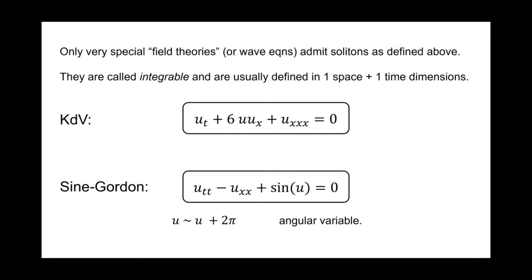These are called integrable field theories or integrable wave equations, and are usually defined in one space and one time dimensions. So in this course, we'll study mainly two examples, one of which is the KdV equation that we have already encountered. And the second one is the Sine-Gordon equation, which takes this form here, where u is an angular variable, which is periodic with periodicity 2 pi.